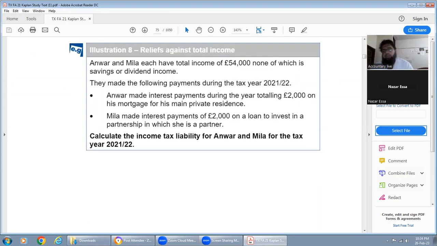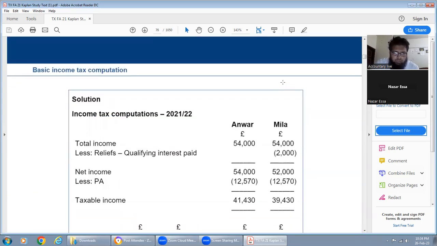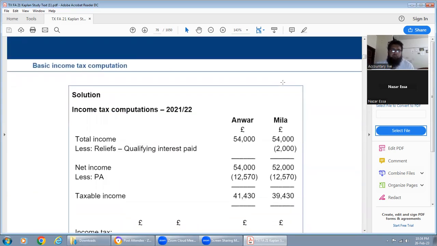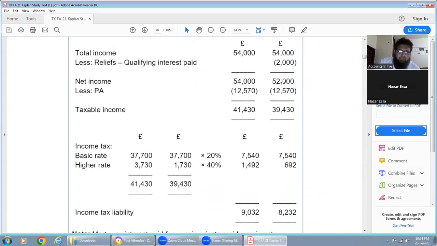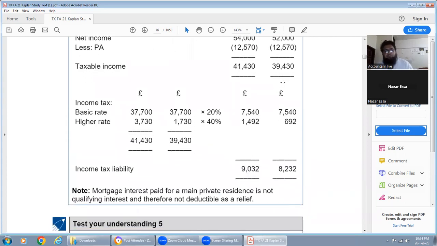Because Anwar was paying for his private residence and Mila was paying to invest in a partnership in which she is a partner. So her liability has been decreased. Personal allowance, taxable income, then the same calculation. Mortgage interest paid for a main private residence is not qualifying interest and therefore not deductible as a relief. Clear?